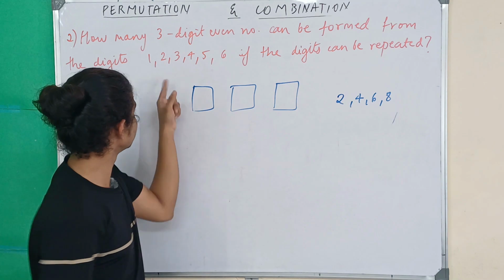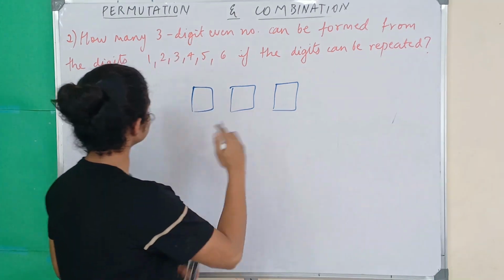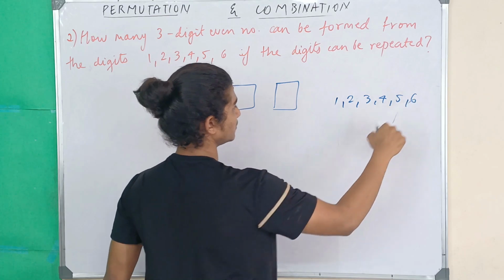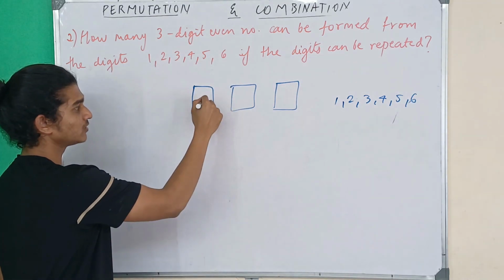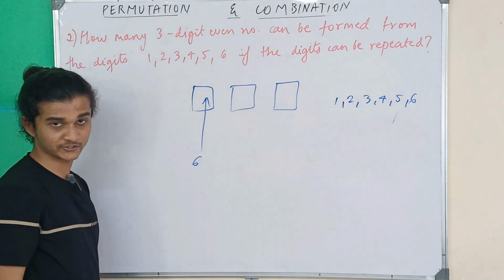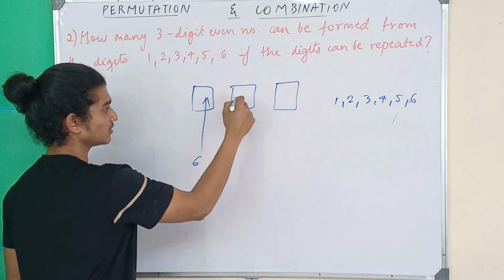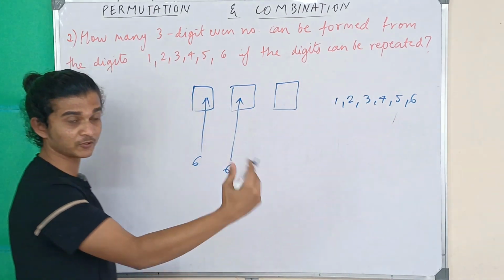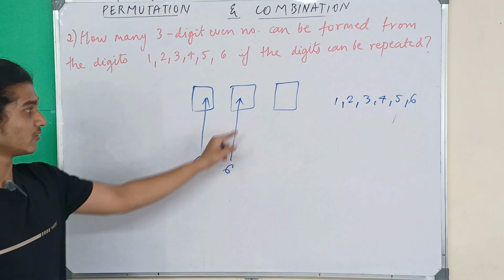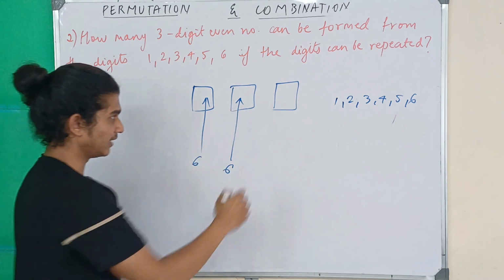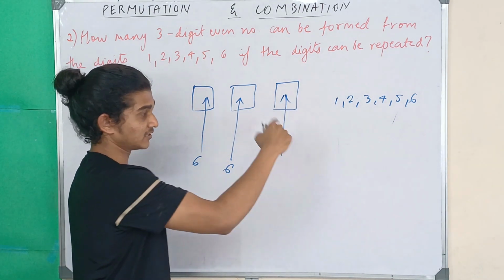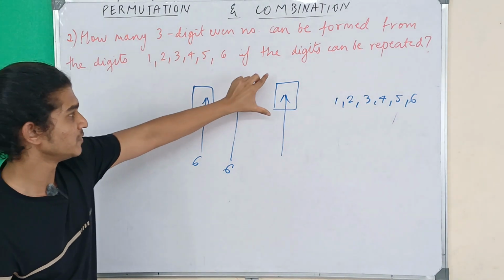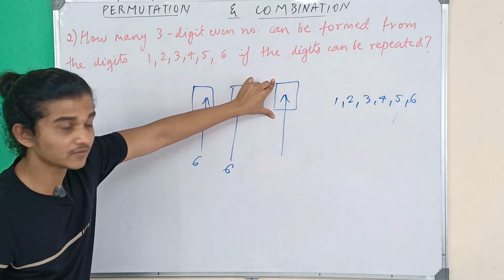So what are the numbers which are given to us? We're given 1, 2, 3, 4, 5, 6. So in the first box, I can use all the 6 numbers. In the second box, I can also use all the 6 numbers, since repetition is allowed. You can repeat things. So I can use all the 6 again. And in the third one, as I told you, they're saying only even digits are allowed, which means here only even numbers are allowed to be put.